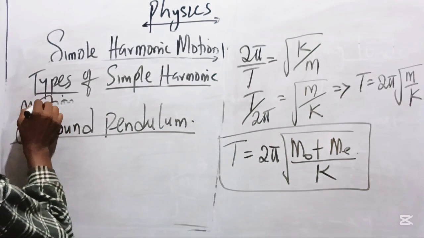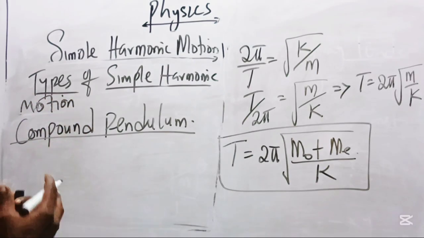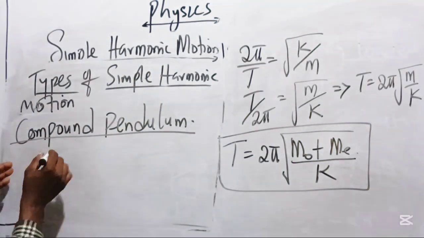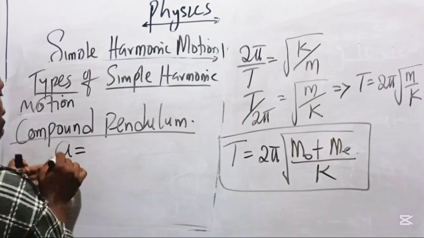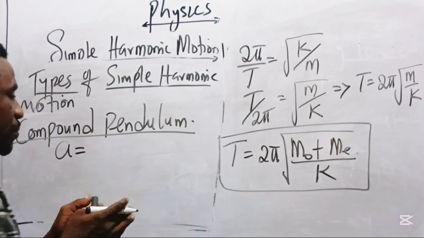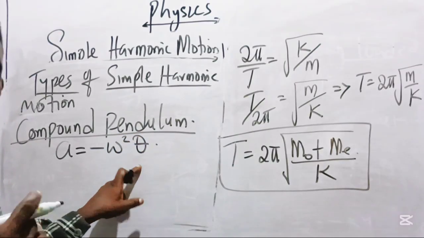Compound pendulum, we are actually talking about angular motion. Okay. So in simple harmonic motion, the displacement of normal linear motion will turn to become minus w squared theta, where theta is angular displacement.